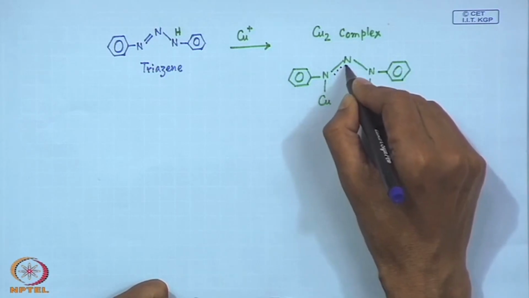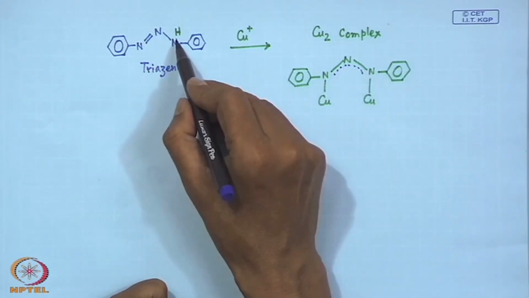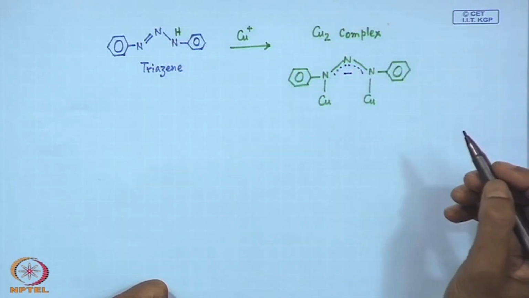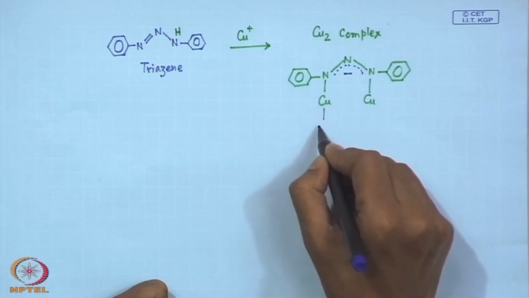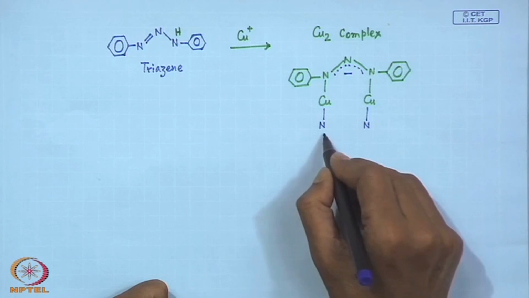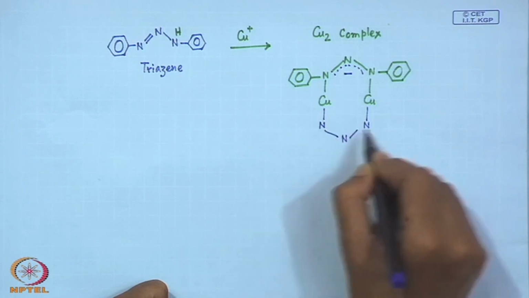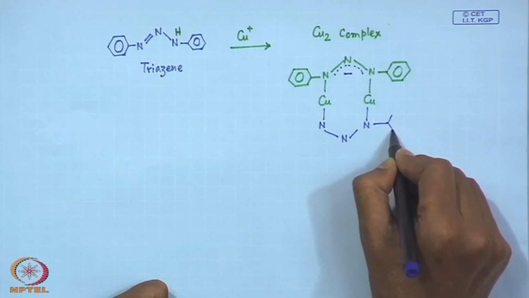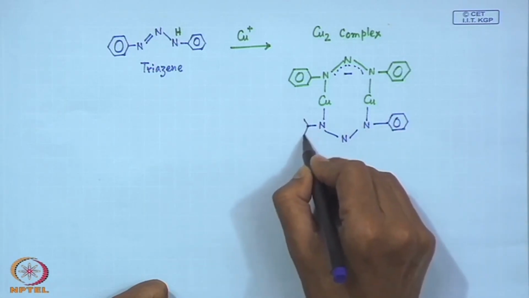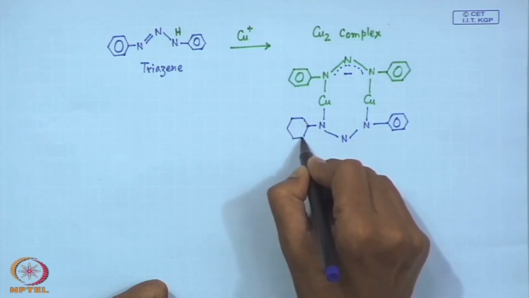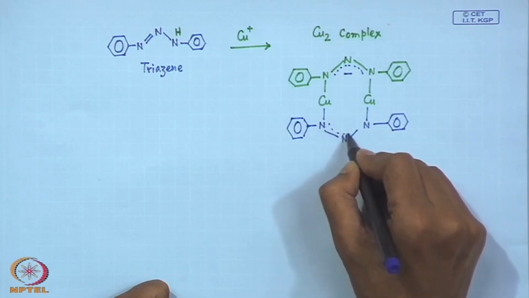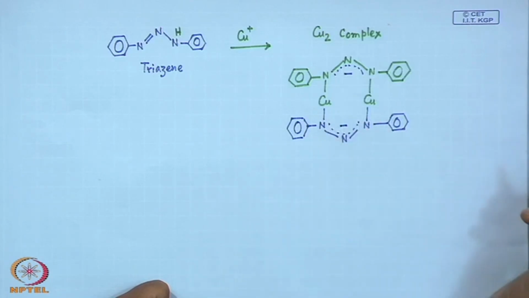And through this deprotonation of this hydrogen, we have a negative charge on this. So on the other side of the compound, we can have the same thing with one negative charge.